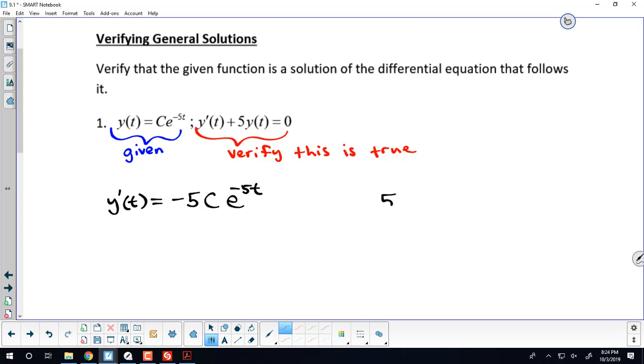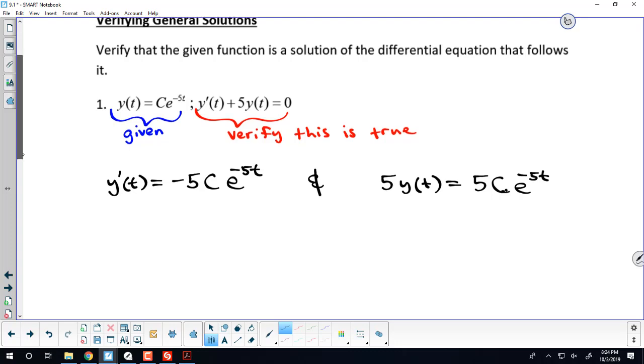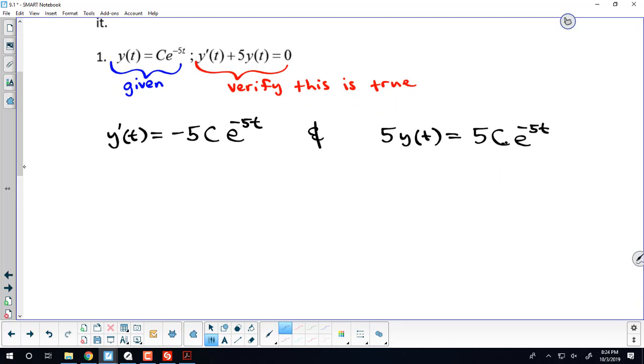So 5 times y of t is just 5 times c e to the negative 5t. We're just verifying the solution here.